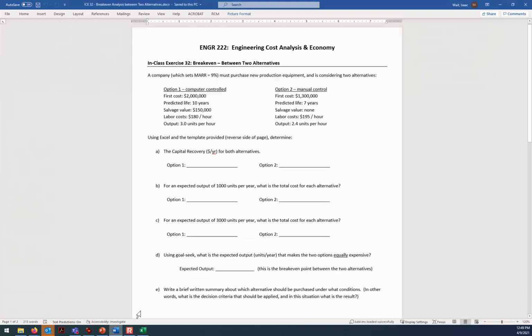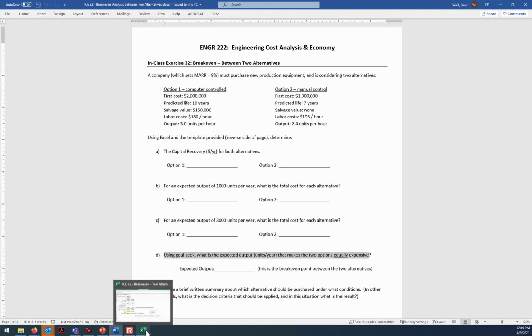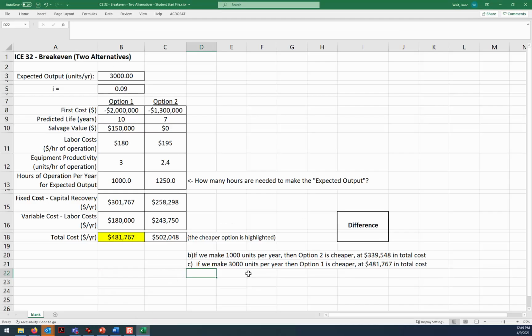Now the last thing it asks for in here is use GoalSeek to find the expected units per year that makes them equally expensive. Okay, so here I've got a difference cell where I'm going to find the difference in cost between the two.